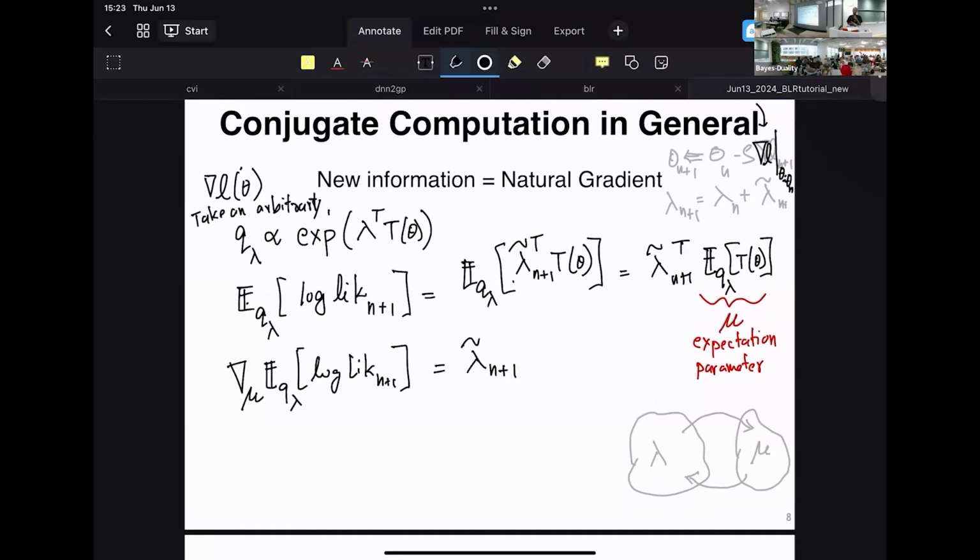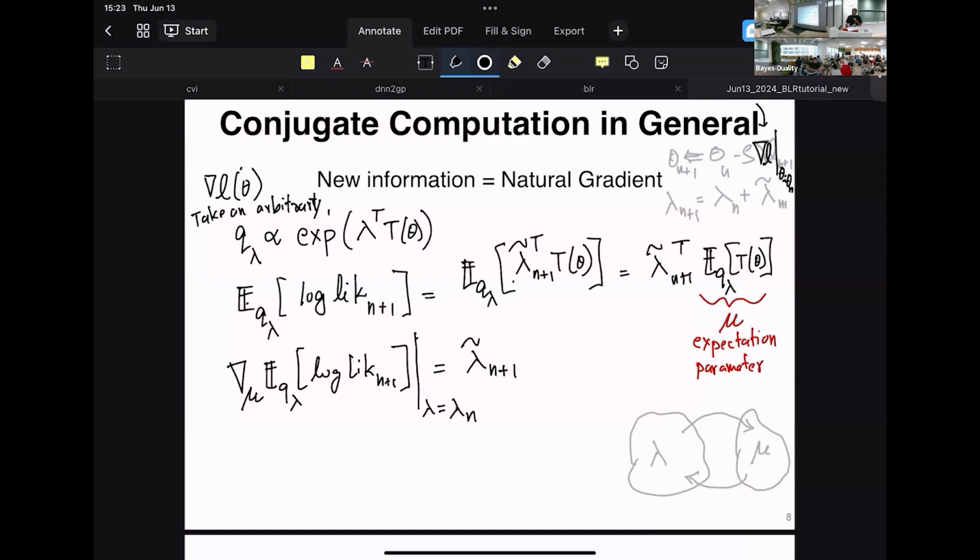So it seems almost like, oh, this is nonsense, I just took a linear thing and differentiated with respect to whatever. Sorry, I should say that this is evaluated at lambda equals lambda n, but this is not necessary here because lambda tilde n plus 1 is just y n plus 1, so it doesn't depend on lambda. It's constant in this case. So you don't see the dependency, but it'll show up later on.